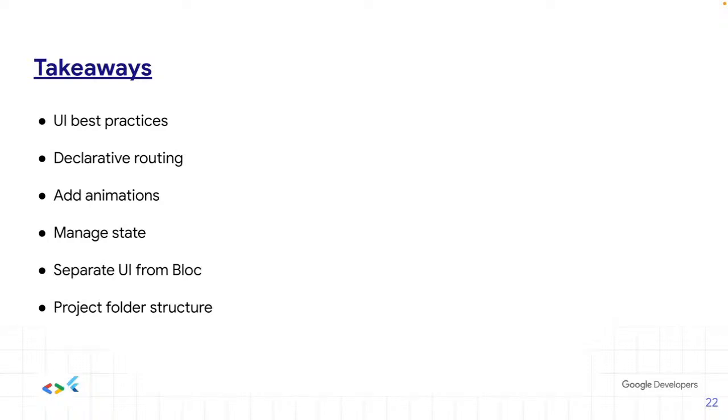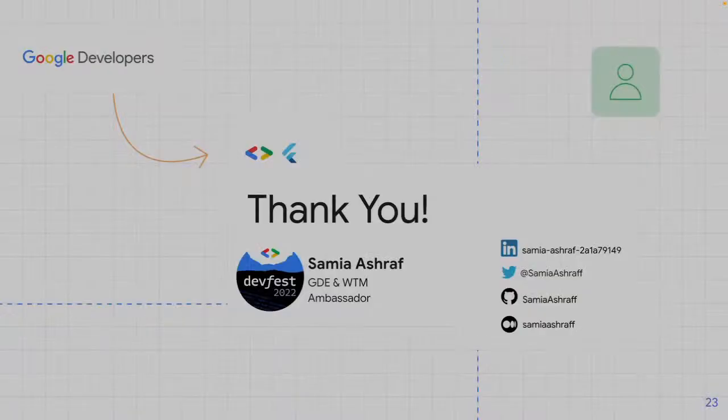The code generator writes more of the code, and you just have to write very little code. Add animations wherever you can. Managing state is again very important. And yeah, the project folder structure. Those are all that we've learned today.